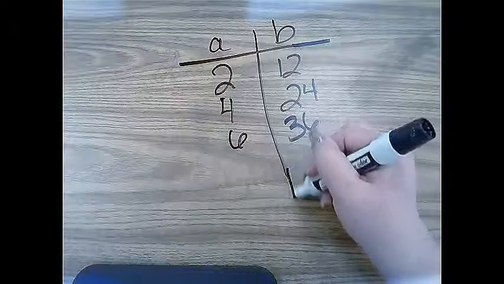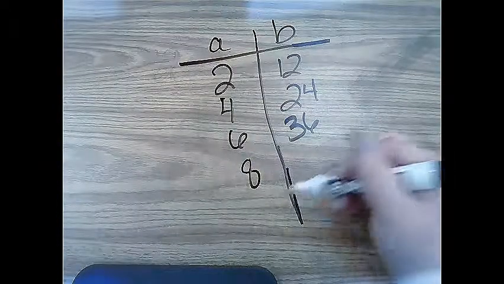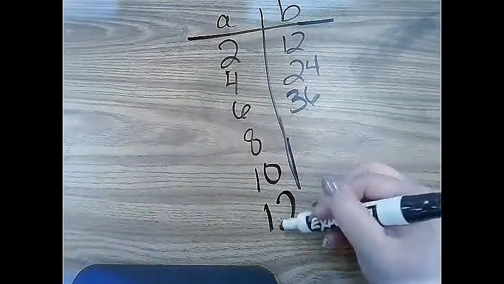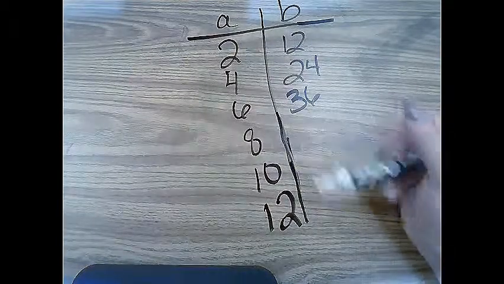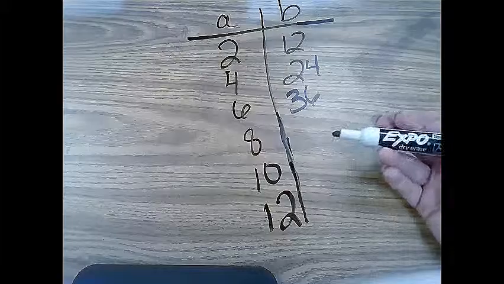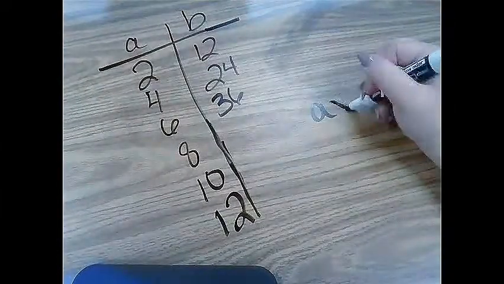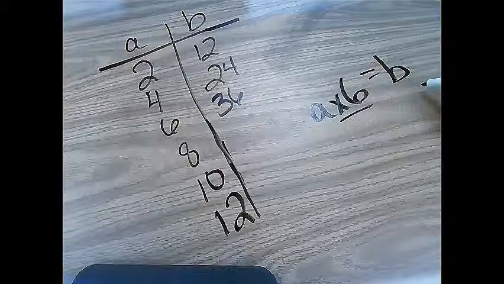This is where we have to figure out the rest of the problem. It wants to know what Charles is going to earn if he washes 8 cars, or 10 cars, or maybe he's got a lot of free time and he can wash 12 cars. We just have to multiply by 6, because our equation is A, our input, times 6, our rule, equals B, our output.